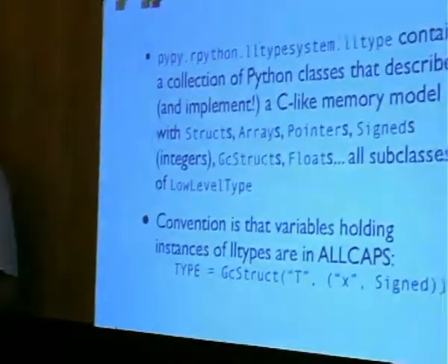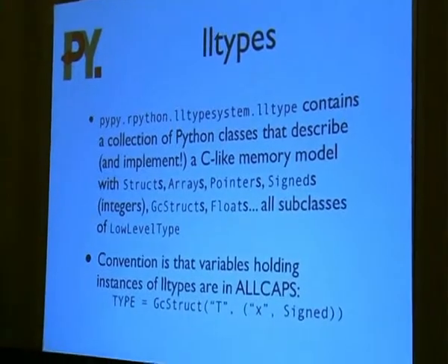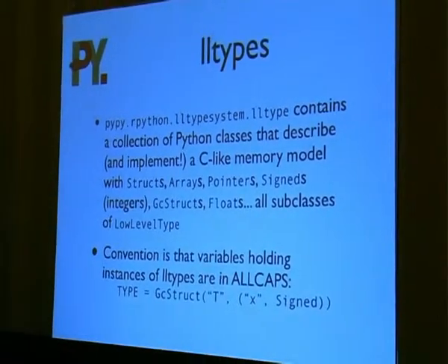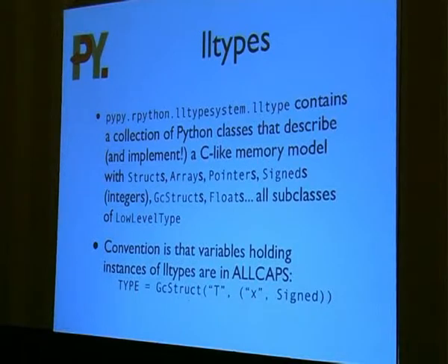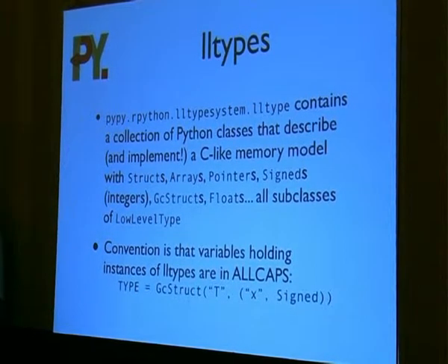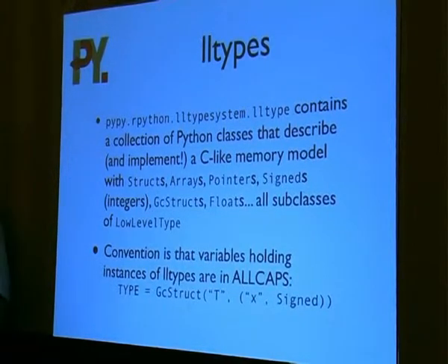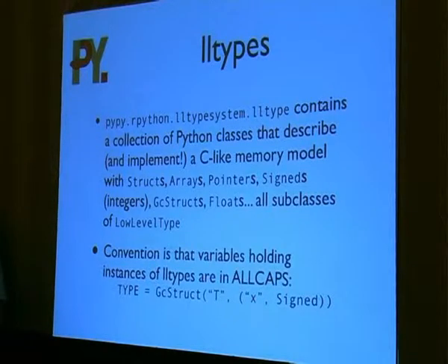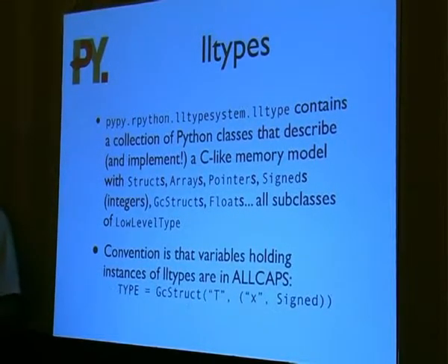So the representations that we choose for objects are described in terms of types, which are defined in this module, pypy.rpython.lltypesystem.lltype. LLtype stands for low-level type, occasionally referred to as L2, because there is L3 as well later on. So these classes describe a C-like memory model, so as I said earlier, arrays, pointers, structs, floats, signs, which are integers.